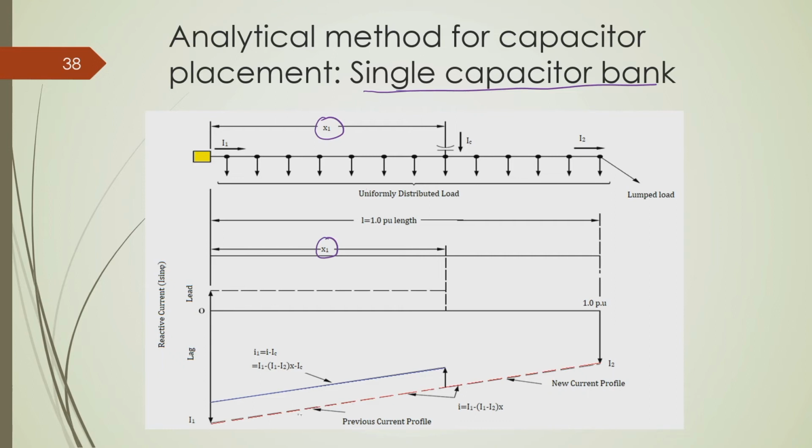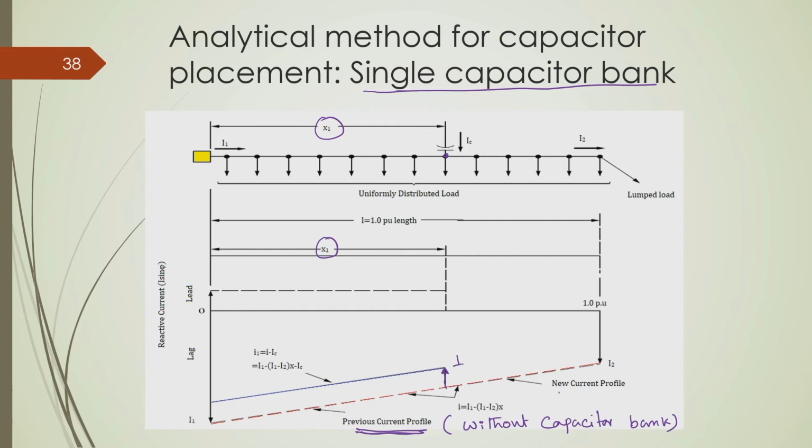So, this red dotted line was the previous current profile, that means the current profile without capacitor bank. What would be the change if we put a capacitor bank here? It will draw a capacitive current I c, and this I c will be opposite to the out of phase component of current. So, it will lead an I c current here. Okay.